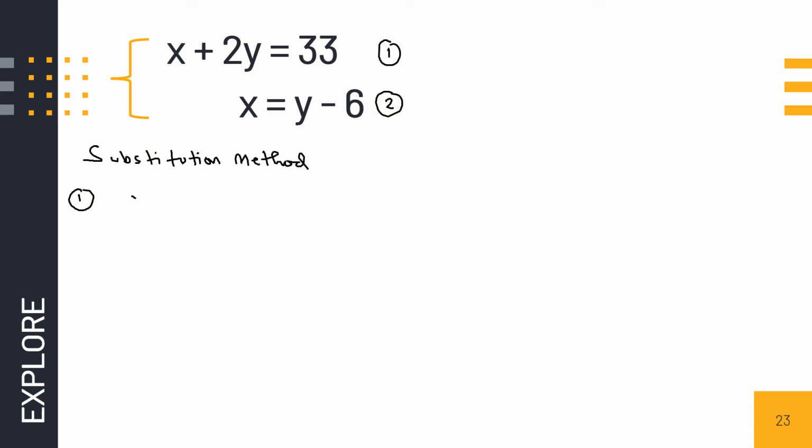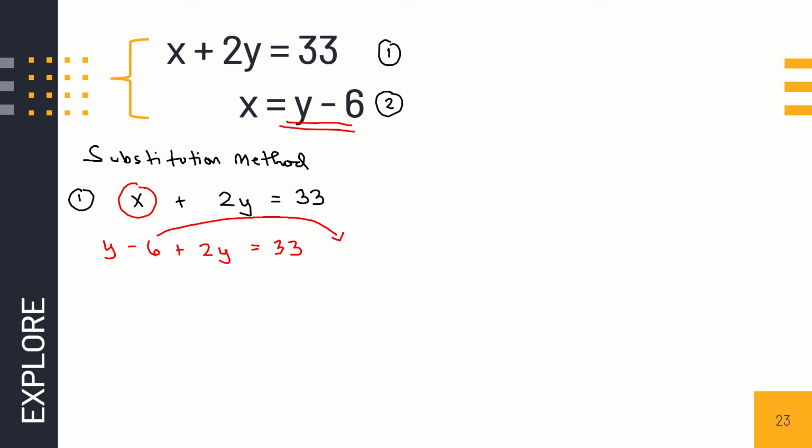So using equation number 1, which is x plus 2y equals 33, we're going to substitute equation number 2 in place of x, which will become y minus 6. So we have y minus 6 plus 2y equals 33.